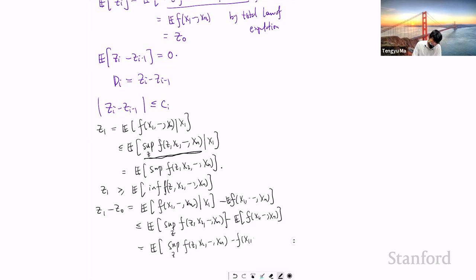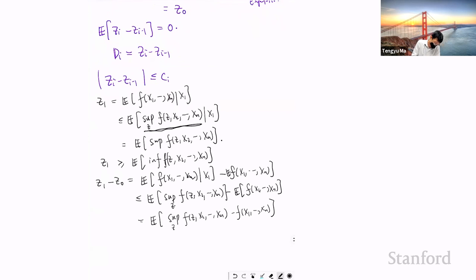It's slightly confusing when you look at the math, but intuitively, the only difference between z1 and z0 is one coordinate. We know that if you change only x1, for any x2 up to xn, you won't make much of a difference. That's why z1 and z0 won't differ much, because the only thing different is x1.